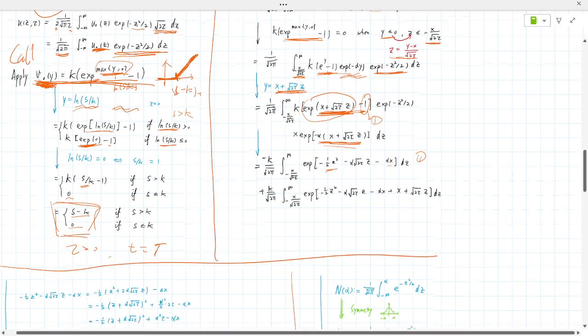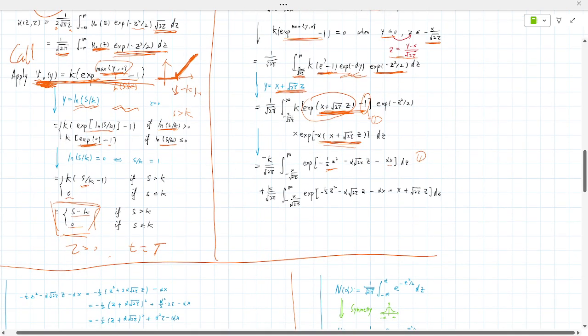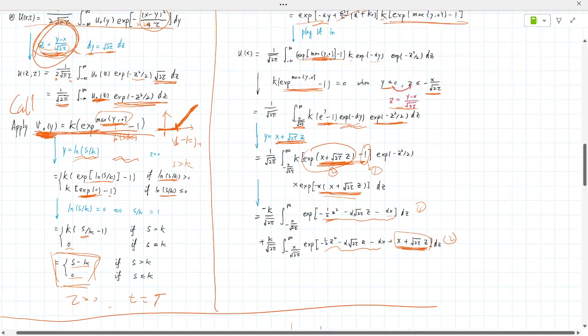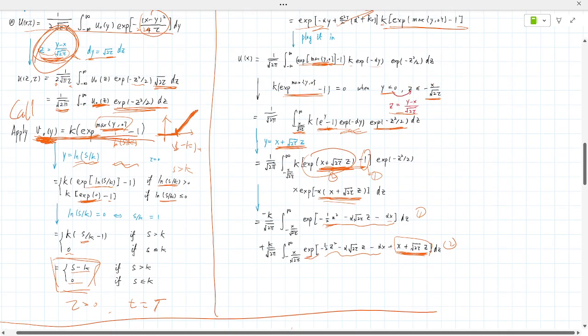And then essentially you just add another term here, with the rest intact, because it just adds additional multiplication because it's in the exponential.